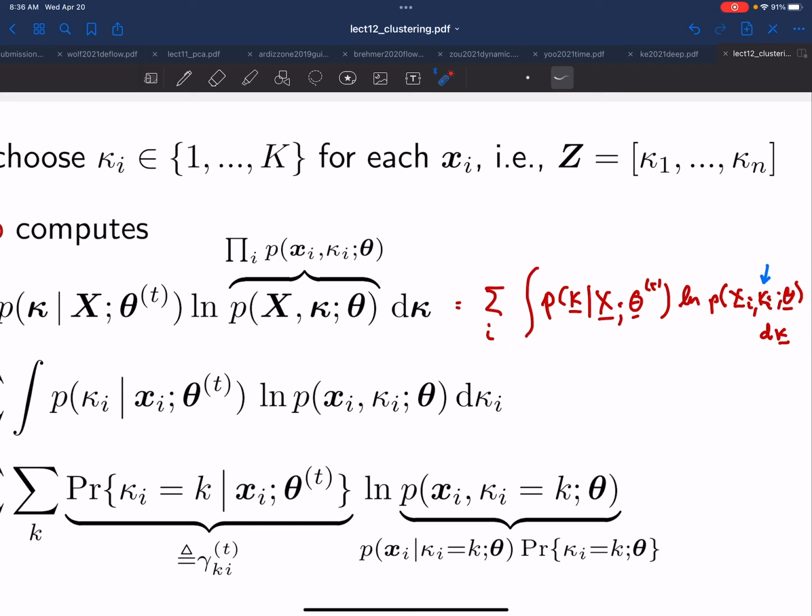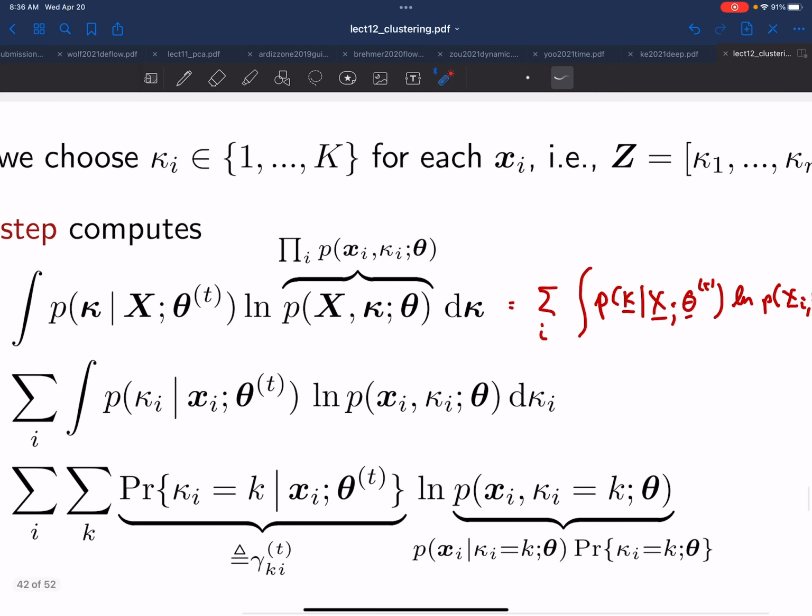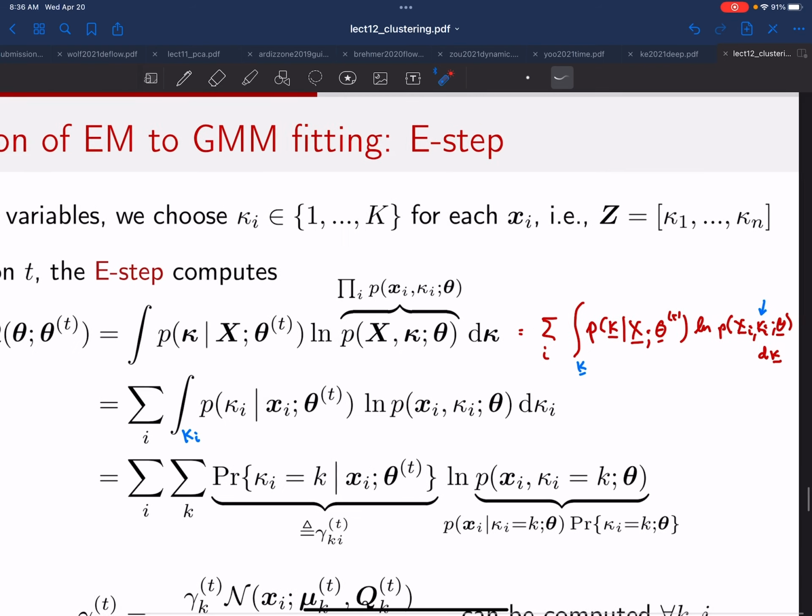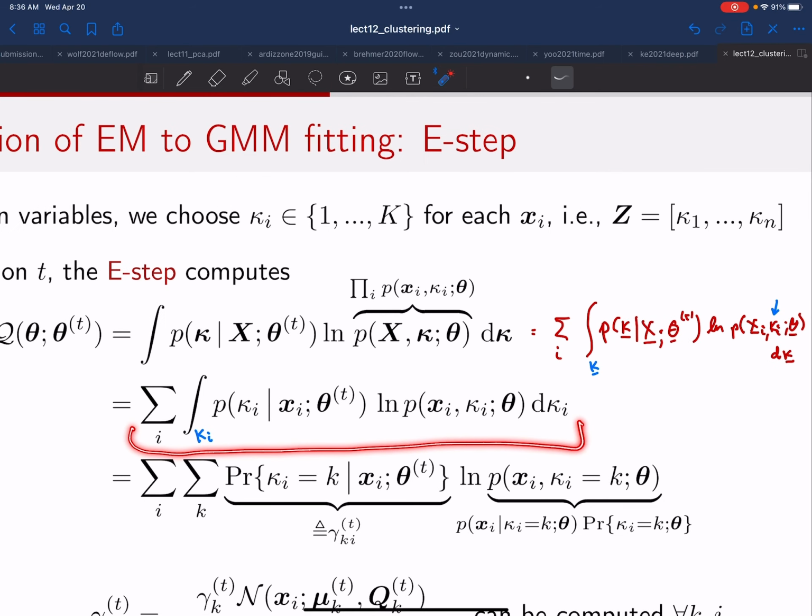And because this is a valid density over those kappas, when you do this integral, you integrate out all the kappas except for kappa i. That's the only one left. So this integral is only on kappa i, and that's where you get this. Does that make sense?